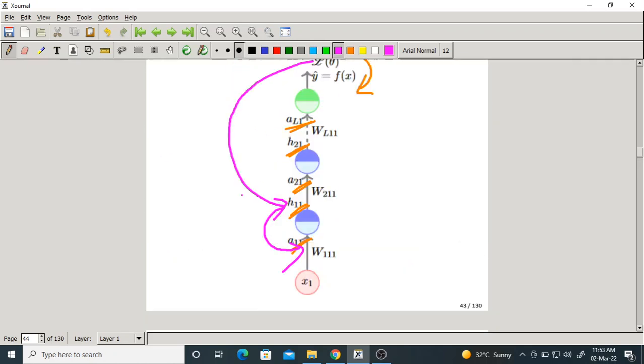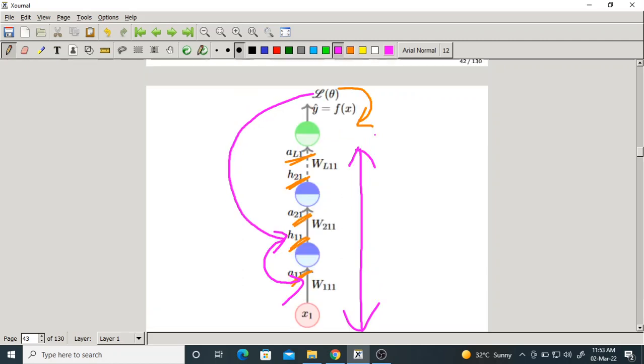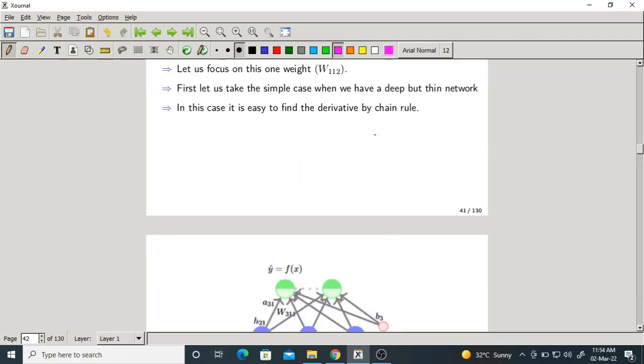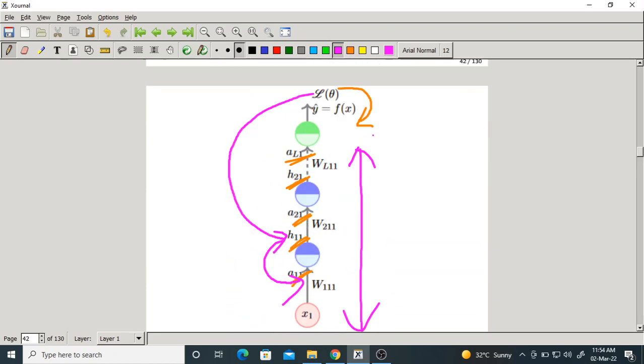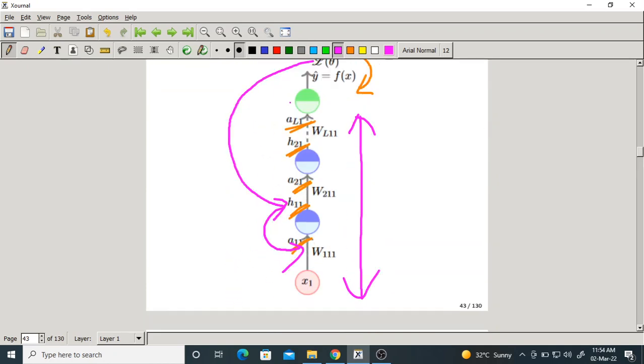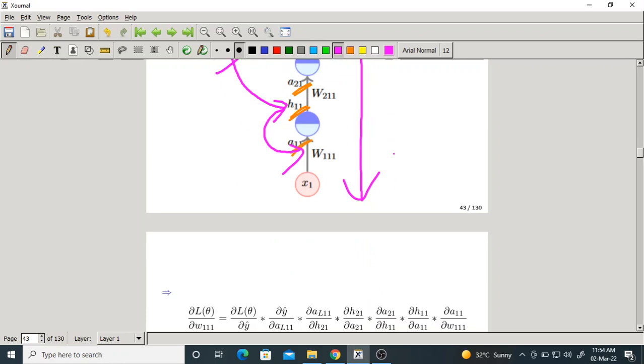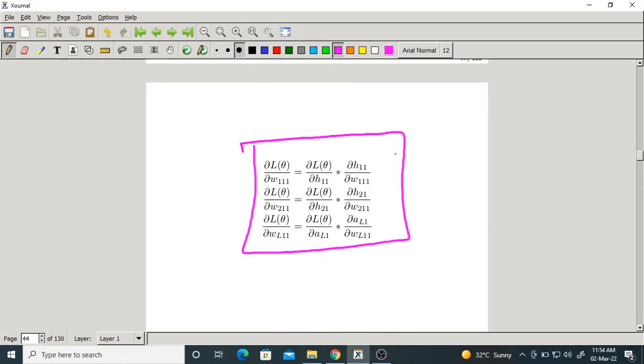Please remember, I have taken a single layer. This is a thin and deep network, so it may have multiple paths. We'll discuss that later. And this is the final chain rule for any weight in the path.